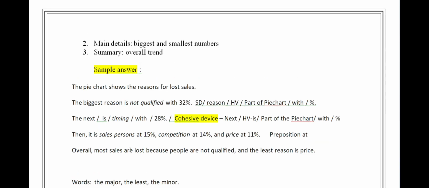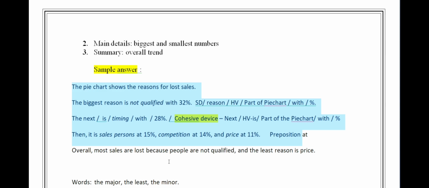Overall, most sales are lost because people are not qualified, and the least reason is price. It is your interest. If you want to mention the overall statement, it is well and good. And if the time is not sufficient or you are not gaining command of it, then leave it. At least make sure the first 3 or 2 sentences are perfect.